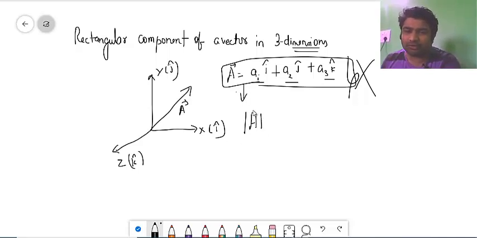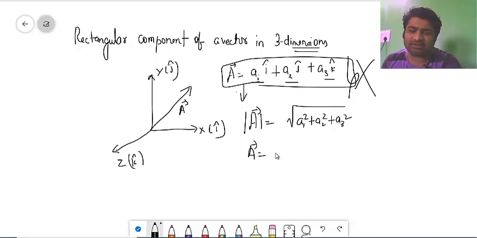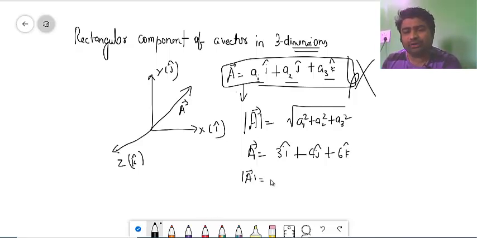We have done questions also. It's simply the square root of A1 square plus A2 square plus A3 square.